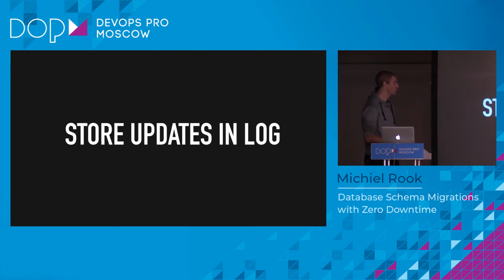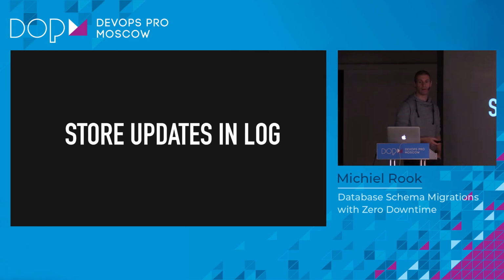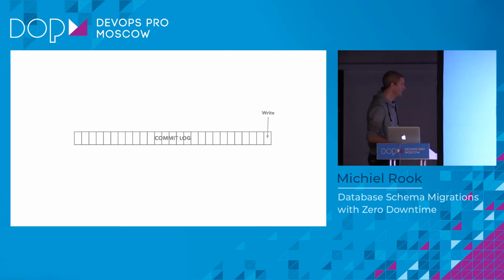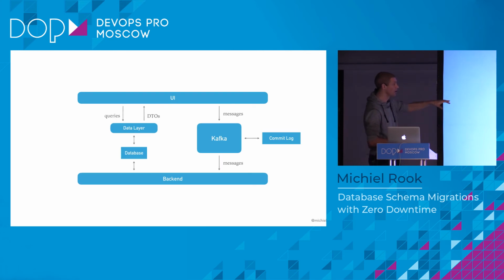And what you do is you store any updates to your database in a log, in a message log, essentially. Like a binary log in MySQL or Postgres, you have a commit log where all your writes are attached to the end. And that would look like this. So your messages get passed into Kafka, and they're written to a commit log and read from there.